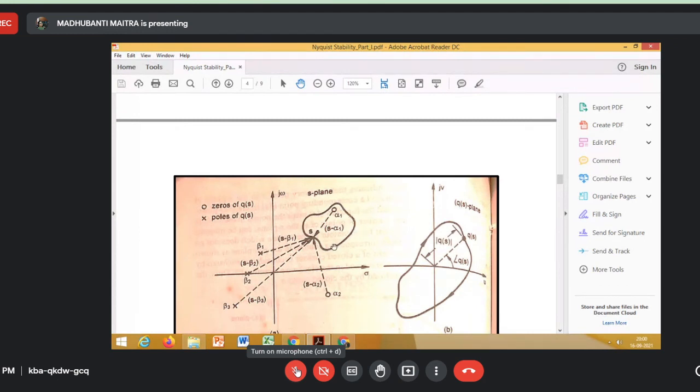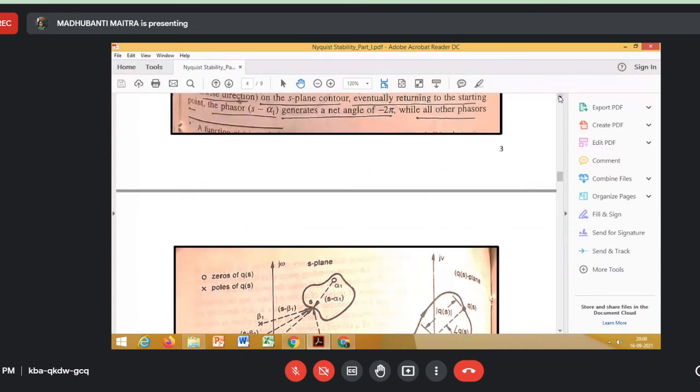Hence, the angle will be negative. If we were moving in the counter clockwise direction, the angle would have been positive. Is it understood? Now, so net change in angle of QS is equal to minus 2 pi.